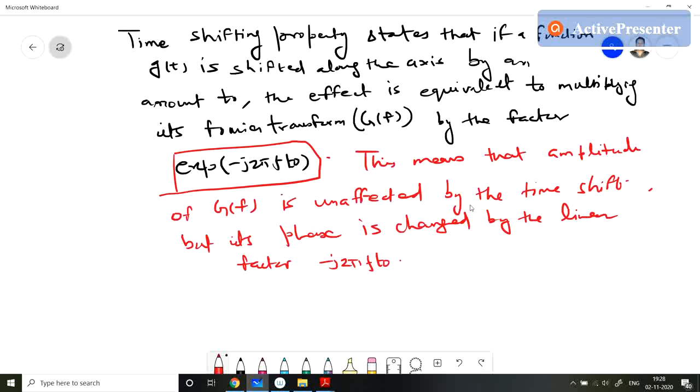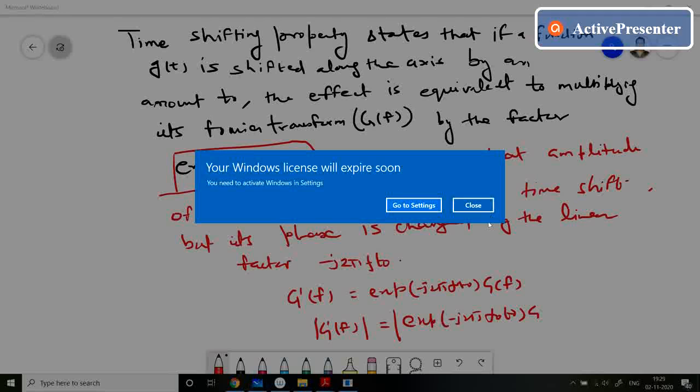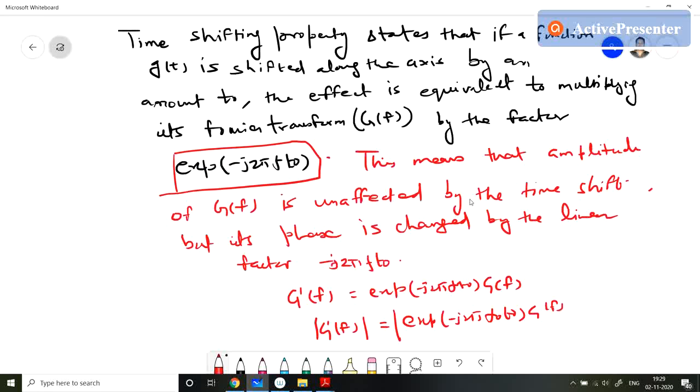So G dash (f) is exponential minus j 2 pi f t naught times G(f). If we find the amplitude, it remains the same, because the magnitude equals the modulus of G(f) only.